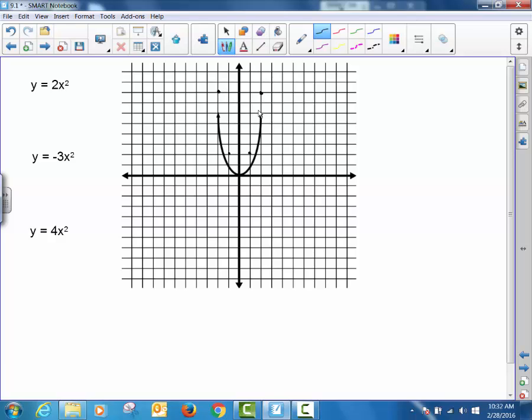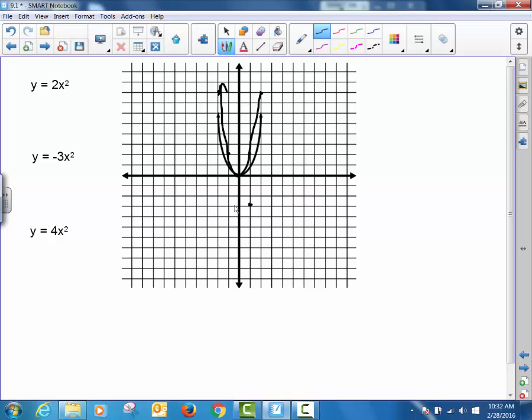So when we graph that, we look sort of like this. And you notice the graph is a little skinnier. The graph is a little skinnier. Now when we do -3x squared, if we let x equal 1, then 1 squared is 1, times -3 is -3. 1, 2, 3.